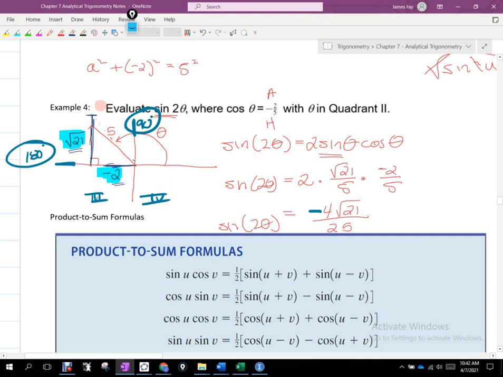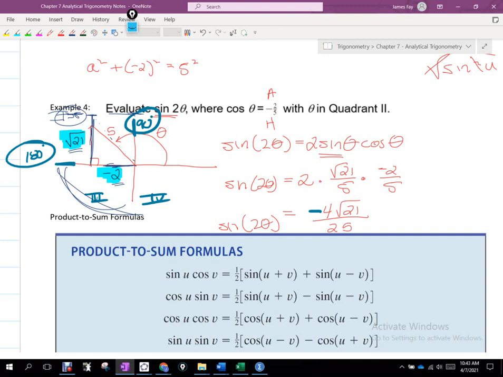So my angle right now, it's not now saying that we're between 90 and 180. I now know for certain, based on these values, that my angle is between 90 and 135. So if I double those two, then my double angle should fall in this quadrant here, because double 135, I get 270, double 90, I get 180, right? And I'm just doing that to give me an idea of how I can check my work here, okay?